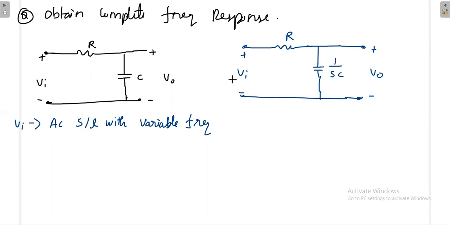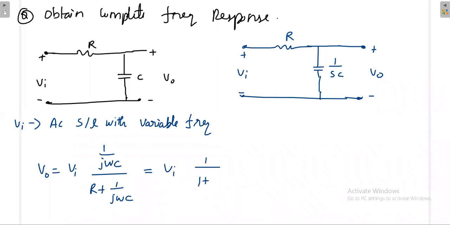V naught is equal to, simply by voltage division, Vi times 1 by j omega C, because s means j omega, divided by R plus 1 by j omega C. If you make the adjustment, this is Vi times 1 divided by 1 plus j omega RC.